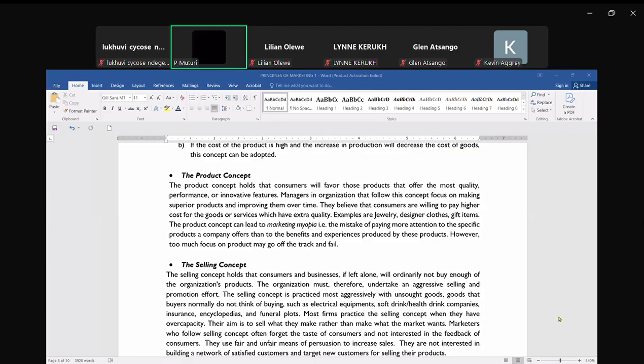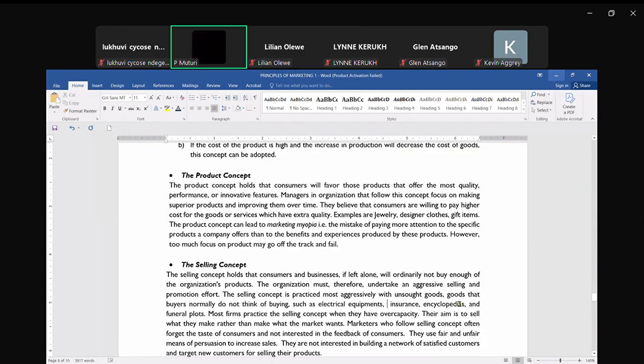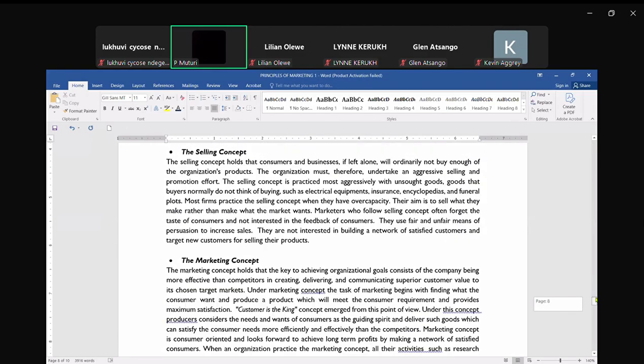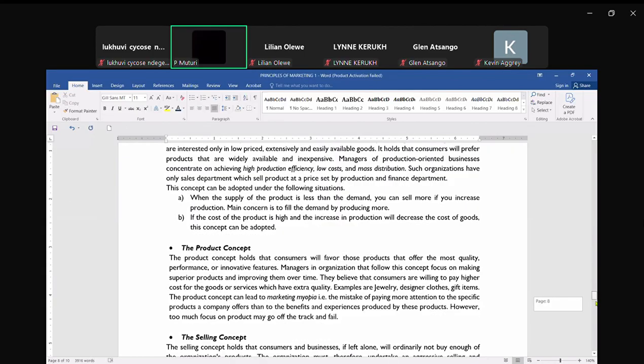And perhaps others like Pombe. Let's remove soft drinks there. So they will do a lot of that aggressive selling. Those are products that people don't maybe think they need.